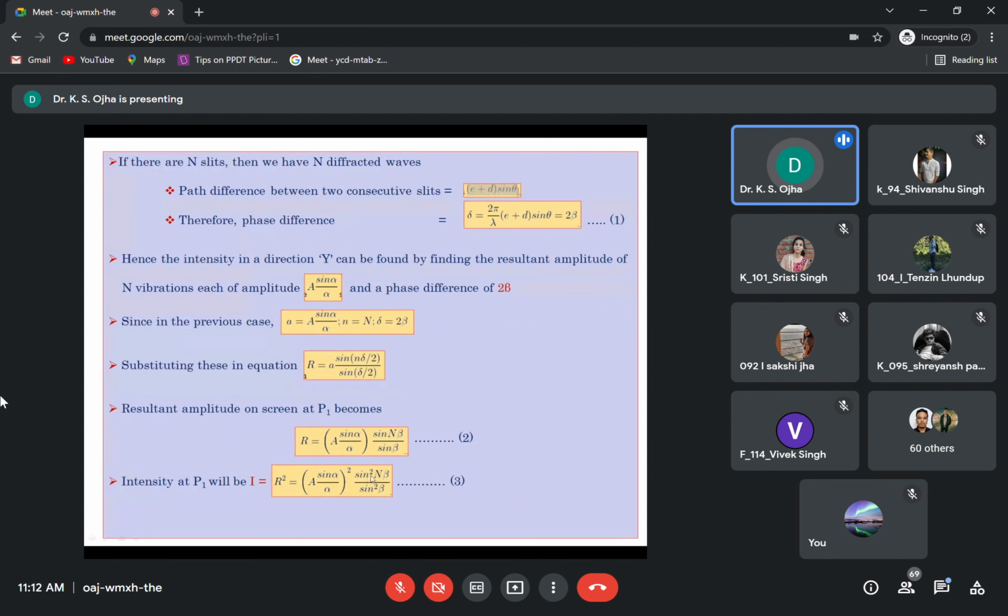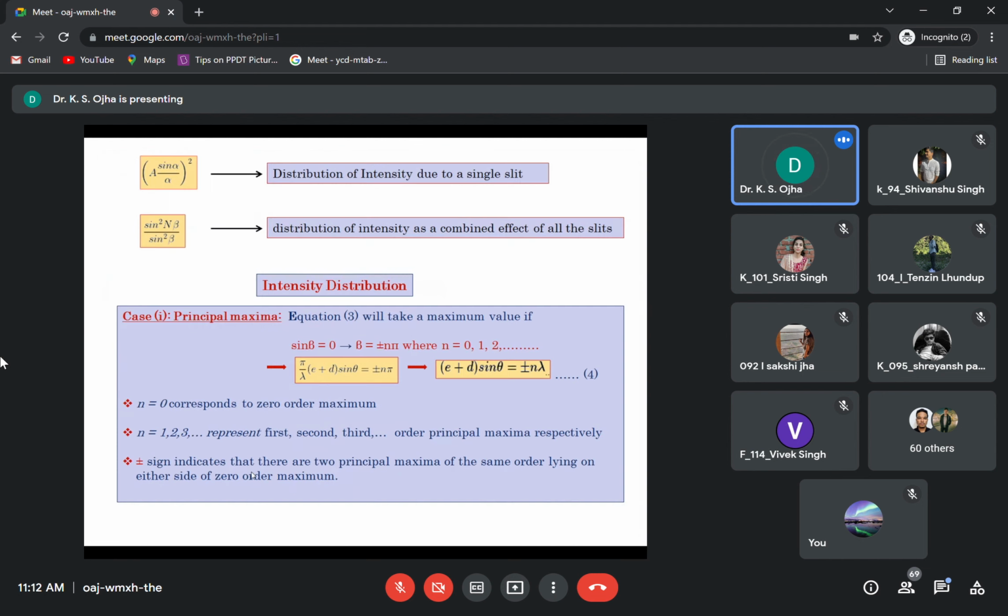So I will be maximum only when sin beta is equal to 0. When sin beta is equal to 0, it means beta is equal to plus minus n pi, where n is equal to 0, 1, 2 and so on.